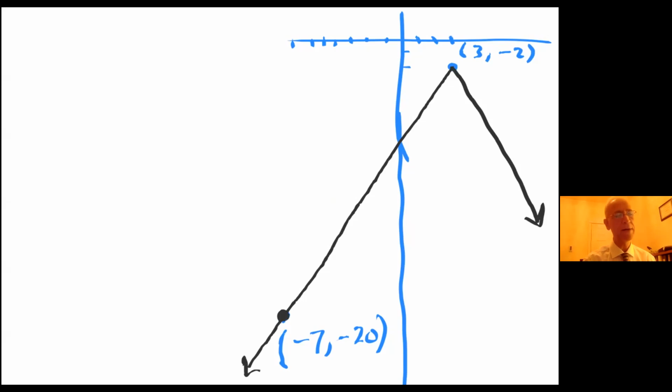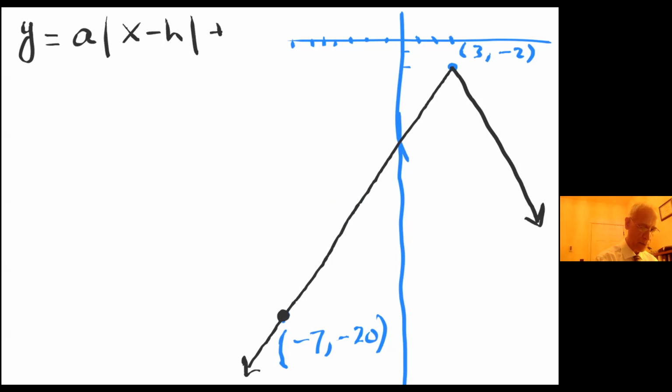And you want to find the equation for this absolute value function using y equals a times the absolute value of x minus h, plus k. Now my job is to substitute numbers and solve for a.